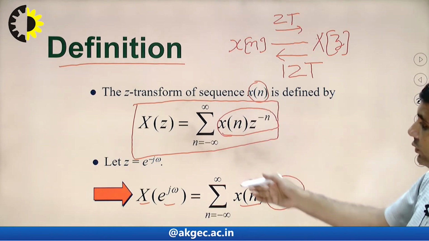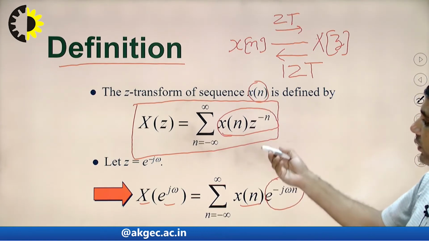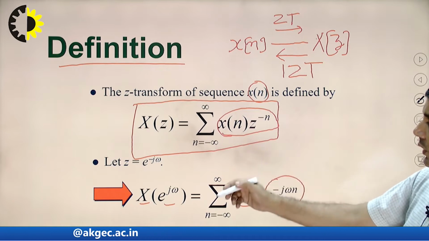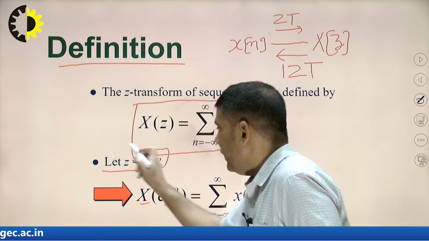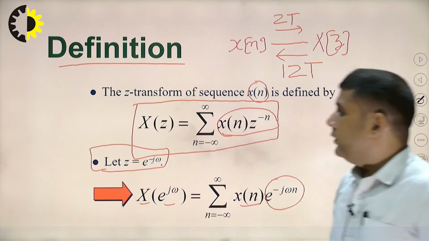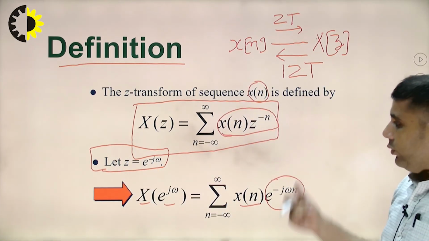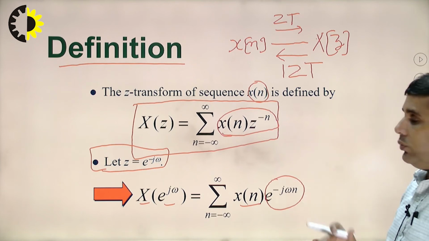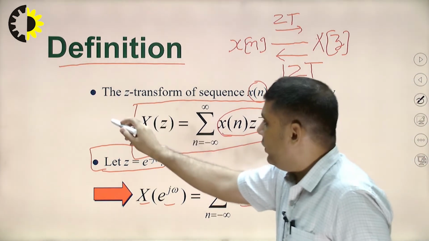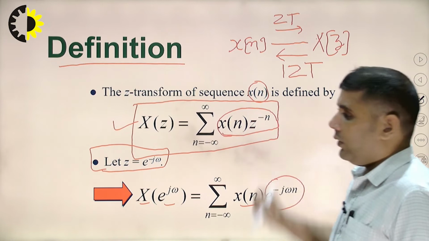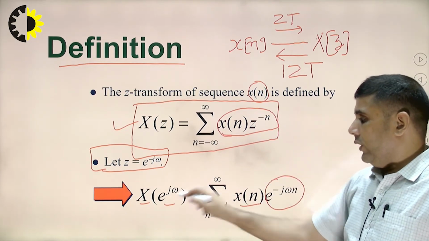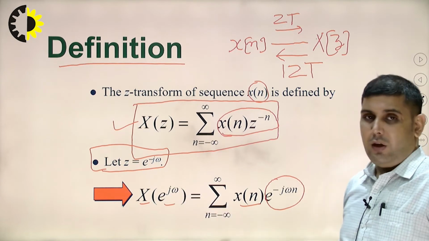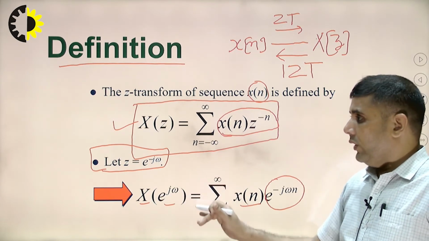From this you can say that we can easily convert the Z transform into the Fourier transform and vice versa by following this relationship: z is equal to e raised to the power j omega. Today's topic of discussion is the Z transform, so we will only discuss this part. In some other lecture we will address the Fourier transform, the discrete time Fourier transform or the continuous time Fourier transform also.